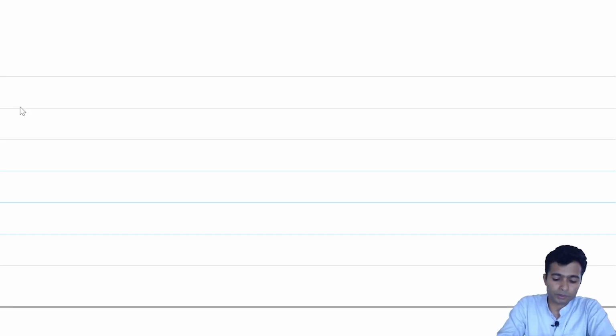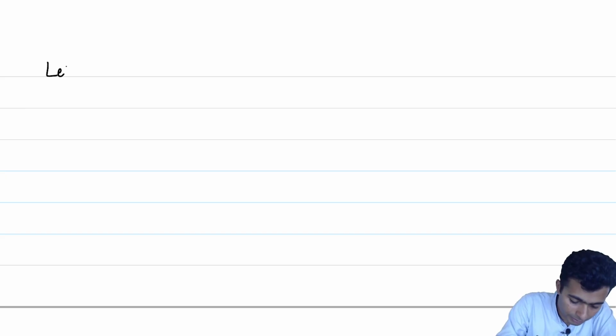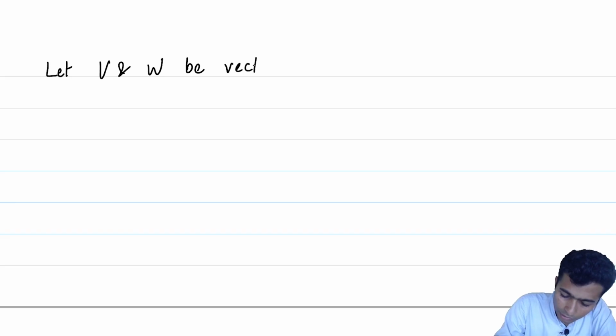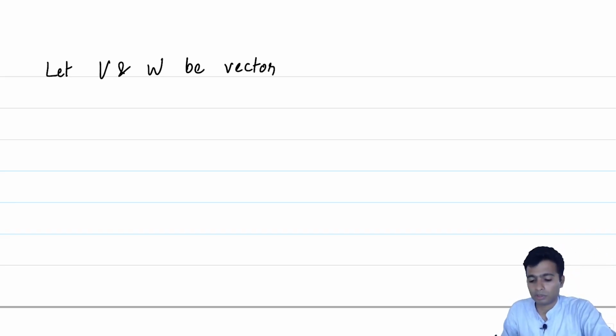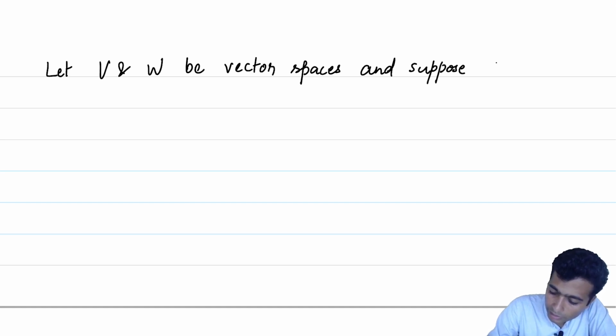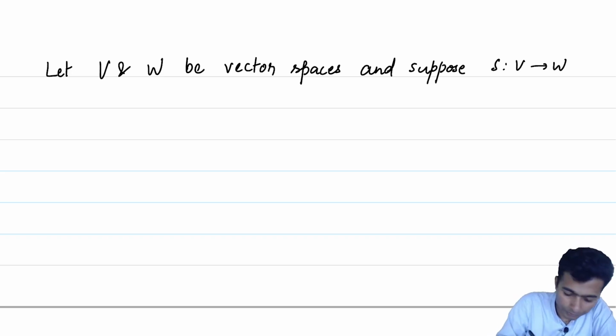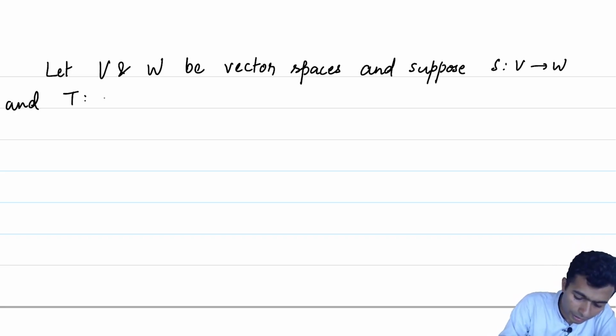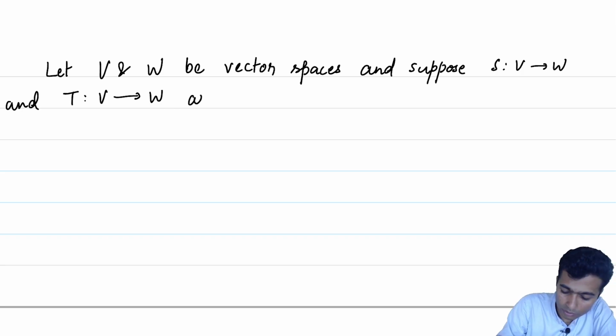So let's begin. Let V and W be vector spaces. Our first question is, can we talk about the sum or addition of two linear transformations S and T between two vector spaces V and W. So let V and W be vector spaces, and suppose S from V to W and T from V to W are linear transformations.